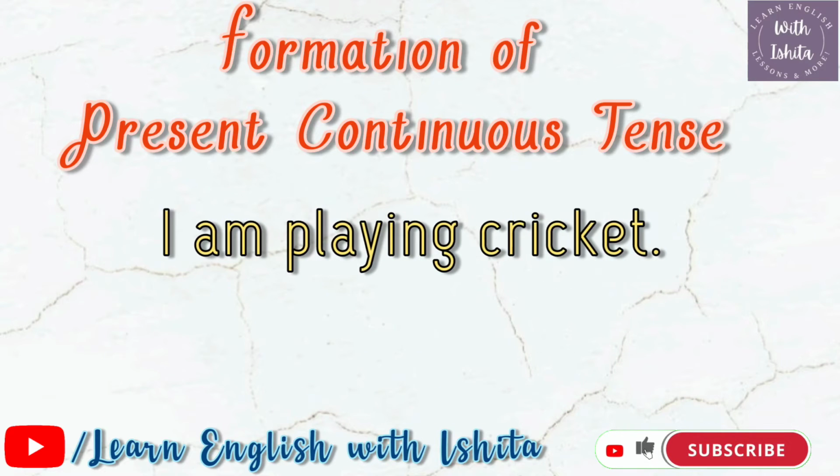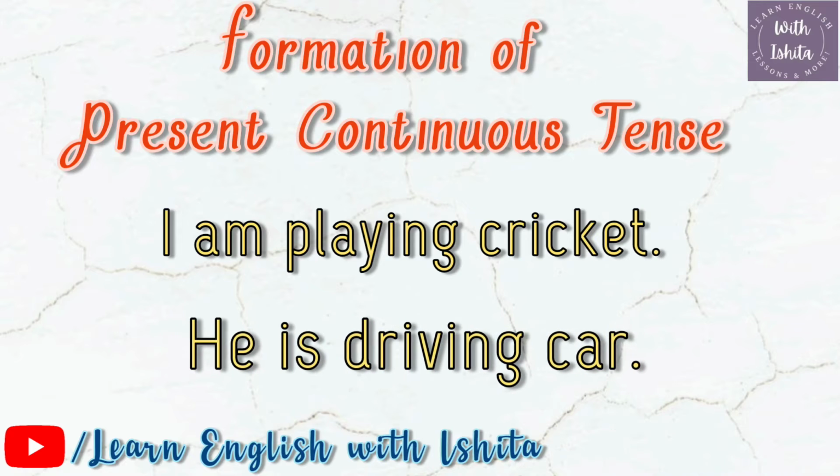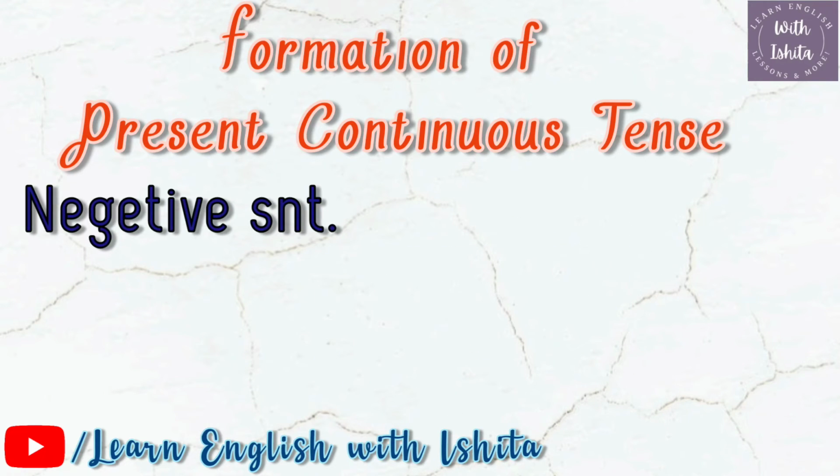For example, I am playing cricket. He is driving a car. In these sentences, they must include a to be verb like am, is or are, and the first form of verb plus ing.